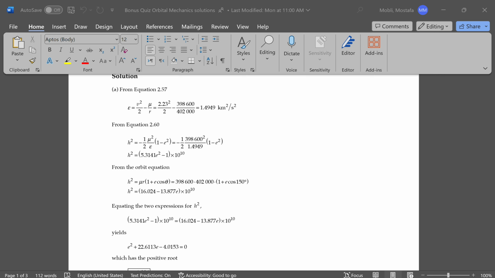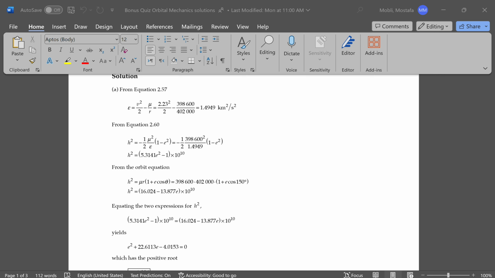Okay, so we want to calculate the eccentricity, and we also have to calculate the angular momentum to get to this altitude. To calculate z of p, we need to calculate r of p, which from the orbit equation is h squared divided by mu, times 1 divided by 1 plus e cosine of theta.